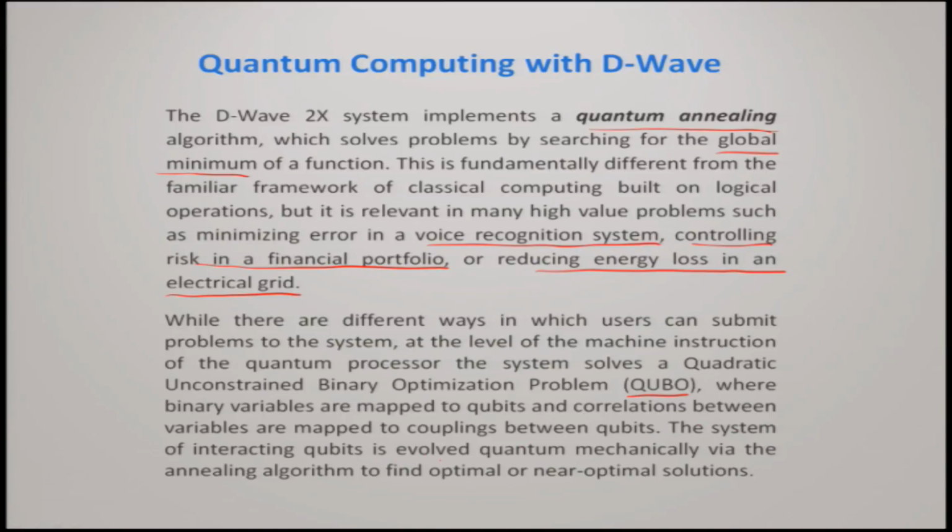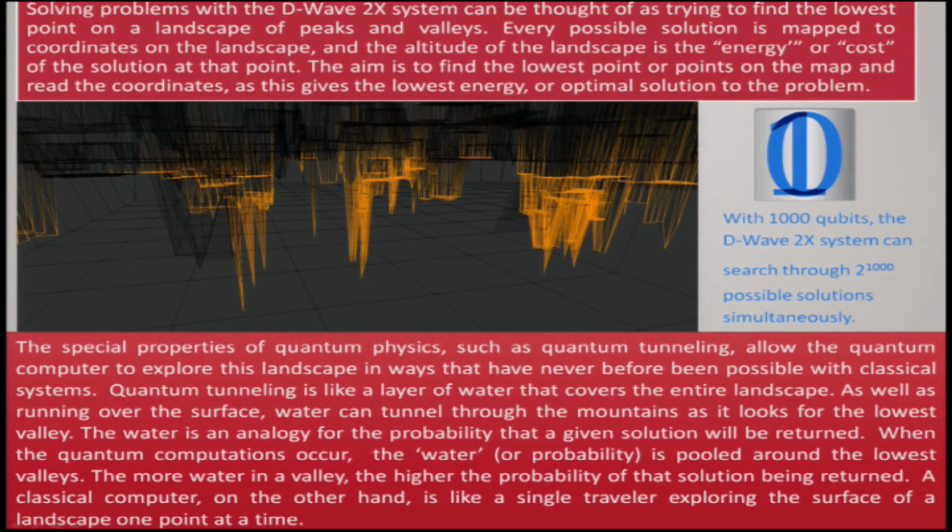The system of interacting qubits is then evolved quantum mechanically via the annealing algorithm to find the optimal or near optimal solutions. That is typically how their particular concept of quantum computing works, and visually it is interesting to note that it is like a landscape on which there are many possible minima, although the global minimum, as you can see, is only one.